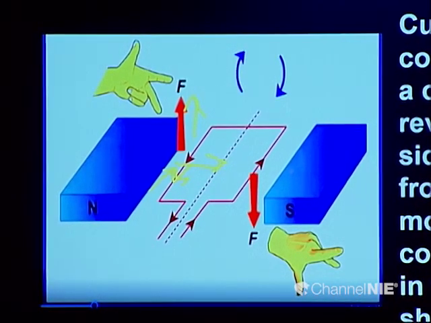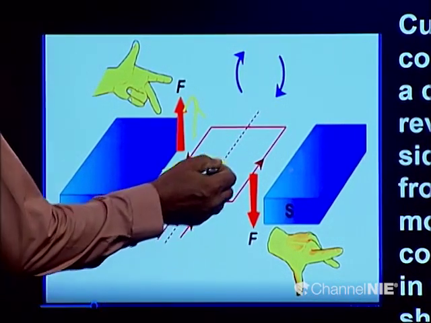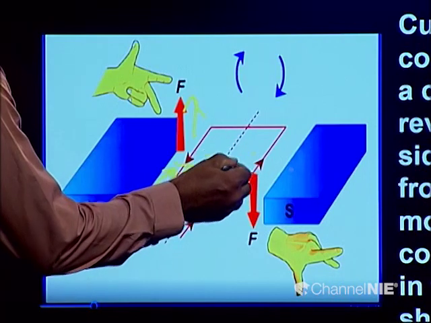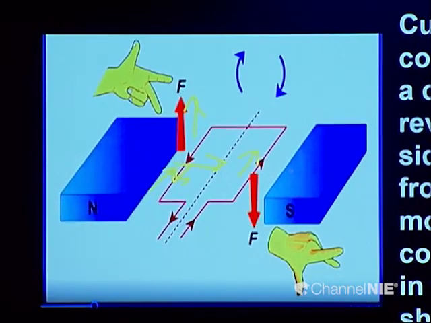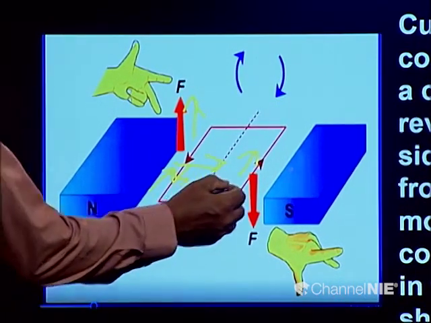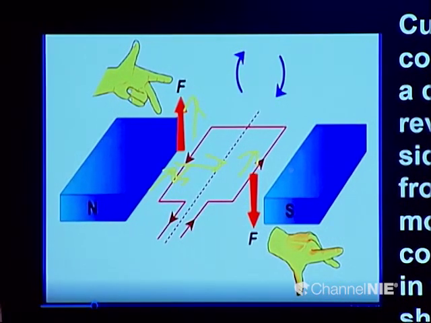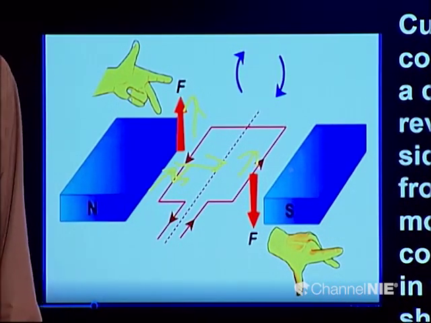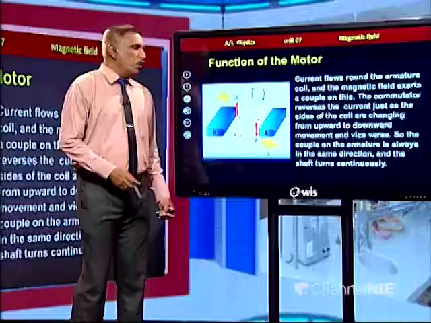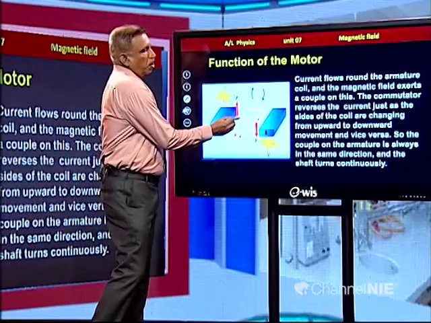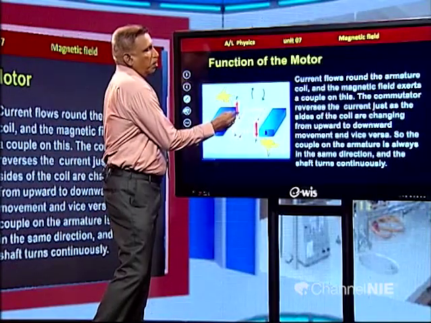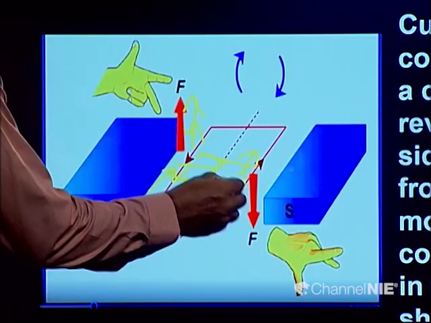On the other side of the coil, the current is going like this. Therefore, the force is in the downward direction according to Fleming's left-hand rule. So these two forces set up a torque on this coil.